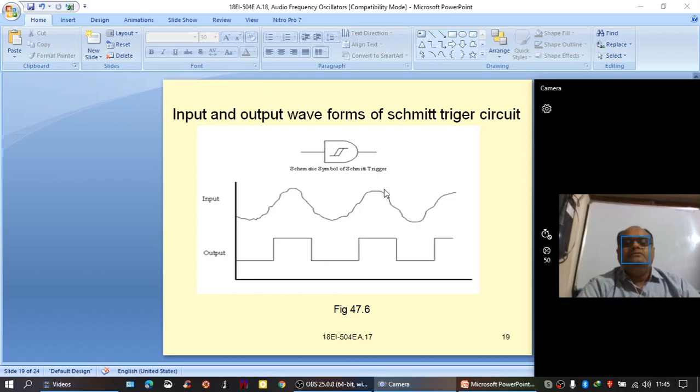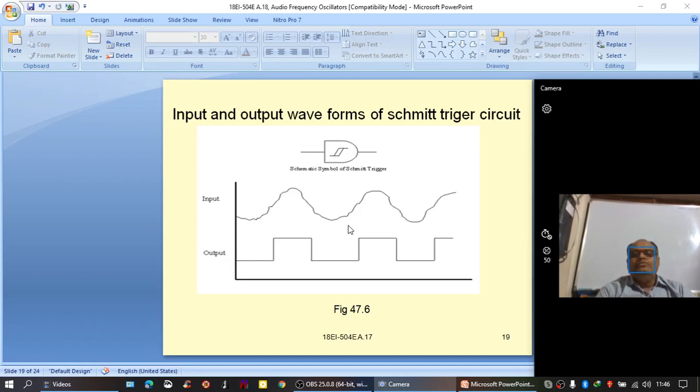Once again, when the input increases in the positive half cycle, the output will be high. When the input starts decreasing in the negative half cycle, output falls low. That is how the variations will take place. The sinusoidal signal will be converted into a rectangular or square wave signal.